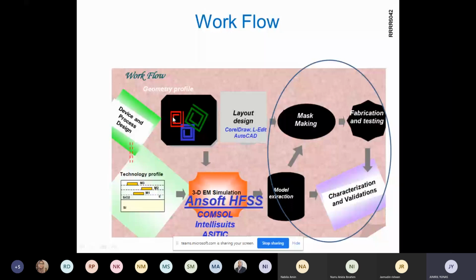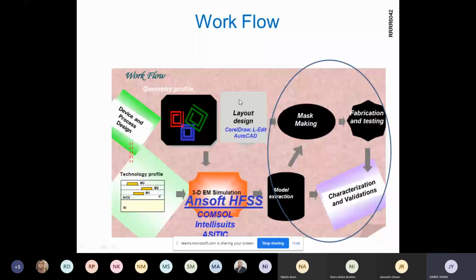This is the whole workflow, but our section now is about mask making, fabrication, testing, and characterization. We have already discussed this in our previous section. So here's the simulation.